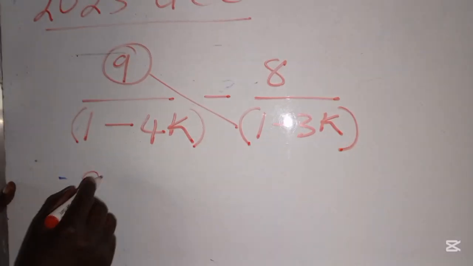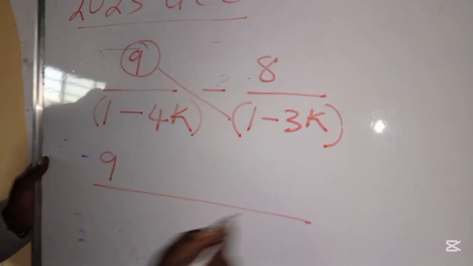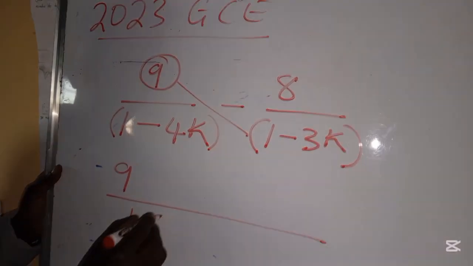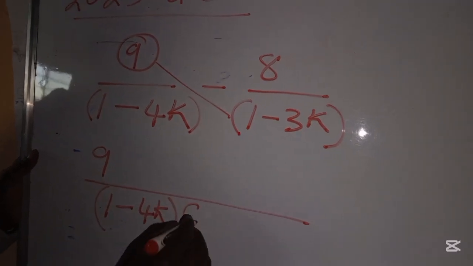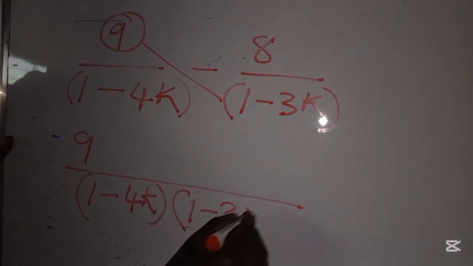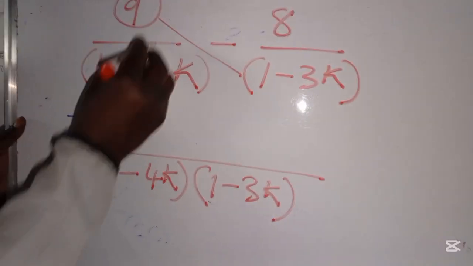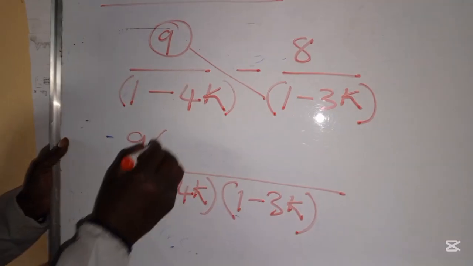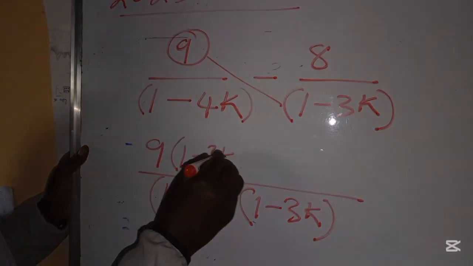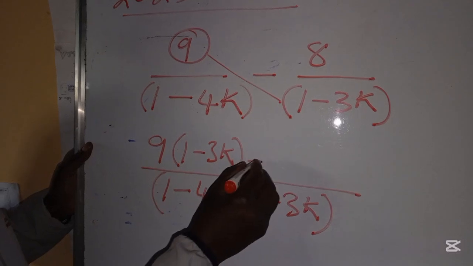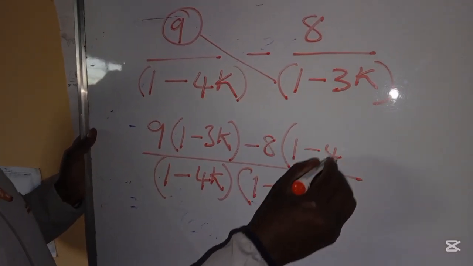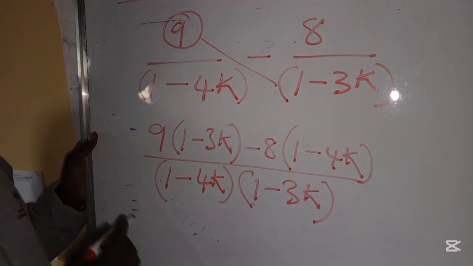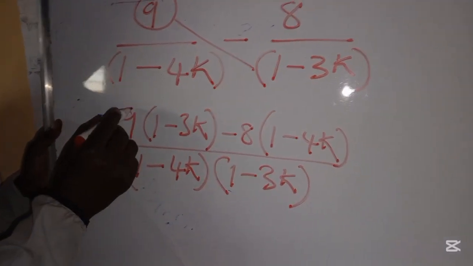It's the one to start with. You maintain the denominator, 1 minus 4k bracket, and again 1 minus 3k bracket. The 9 should multiply 1 minus 3k bracket, and this is 8 times the bracket 1 minus 4k. And please, you continue now expanding.